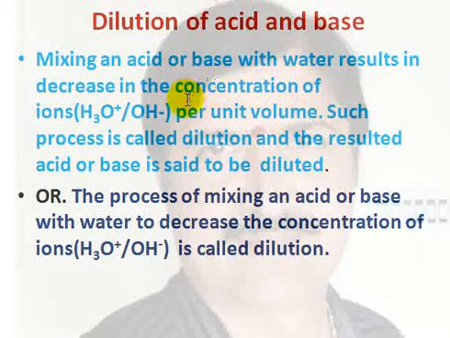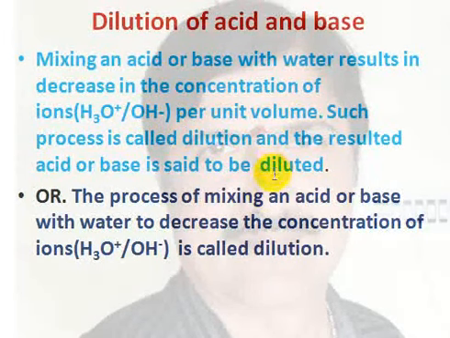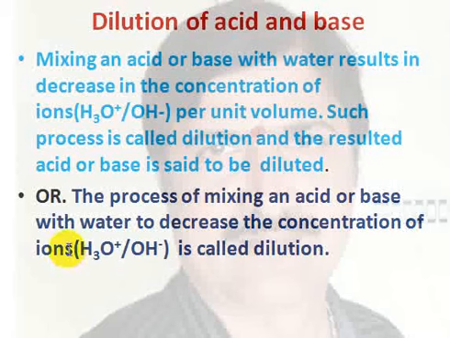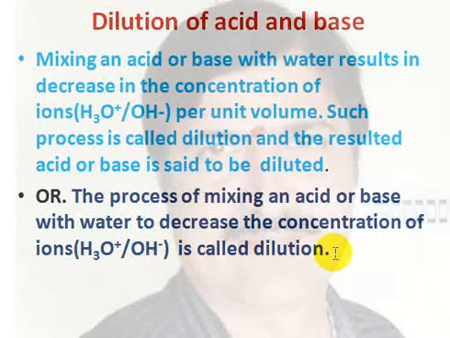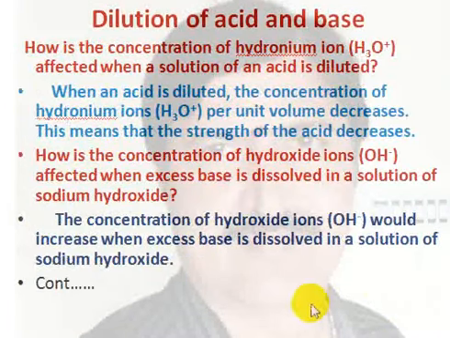But if you add water to the same unit volume, the number of OH minus ions decreases. That is called dilution. So dilution is a process of mixing acid or base with water to decrease the concentration of the ions, H3O+ for acids and OH minus for bases. This is the meaning of dilution.